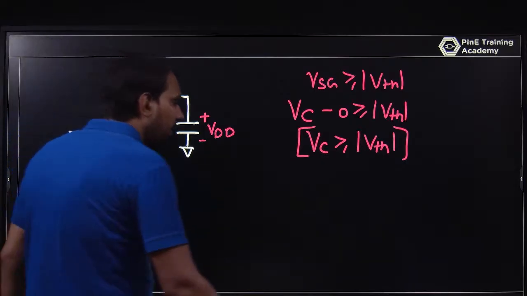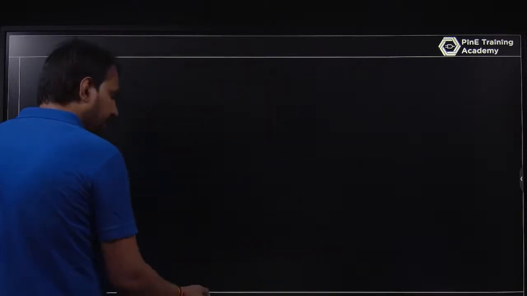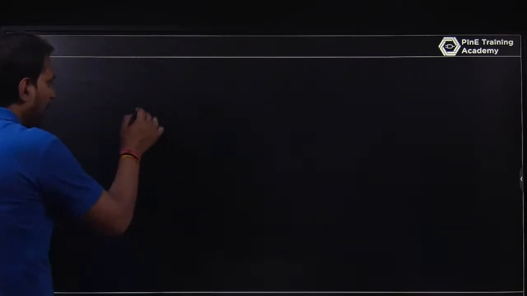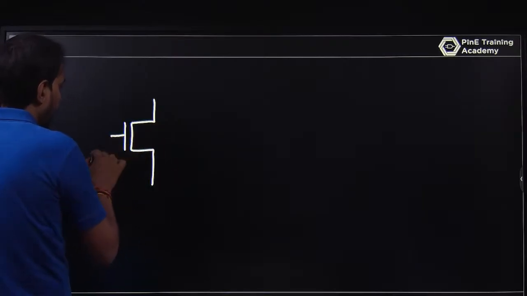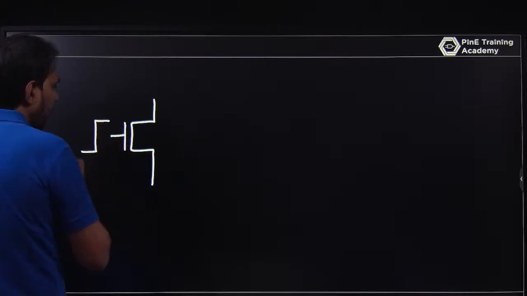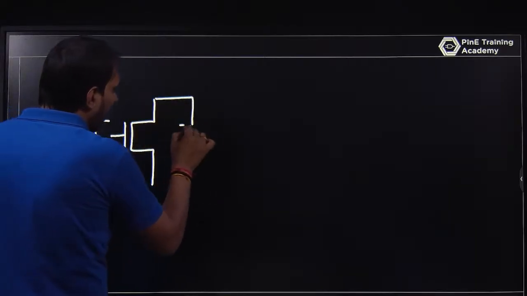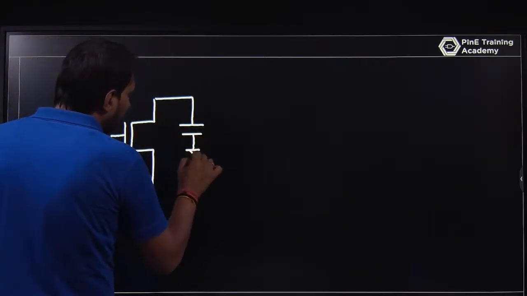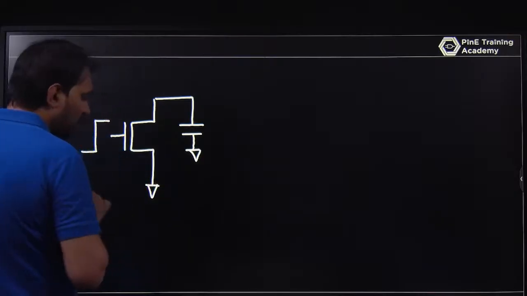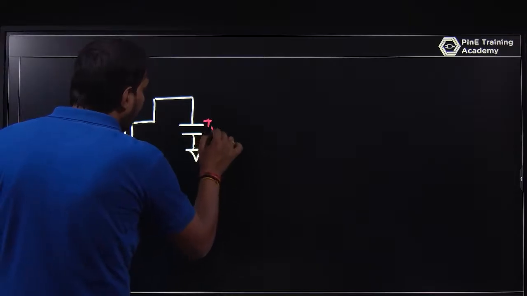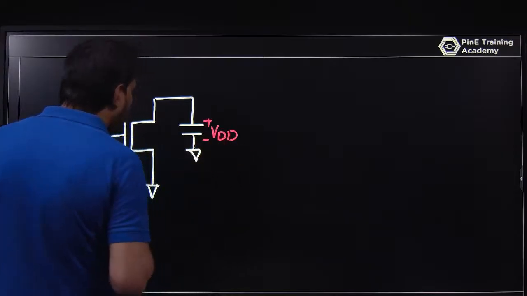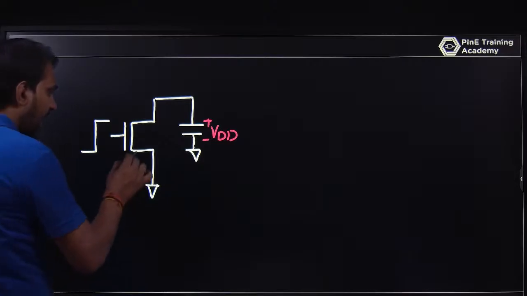Similarly, if you talk about NMOS, you have a gate voltage, you have a drain voltage, this is 0, this capacitor has a voltage of VDD, and this is the NMOS.